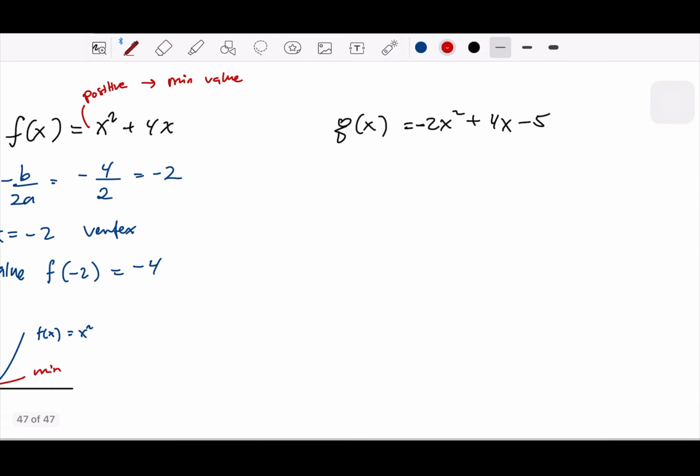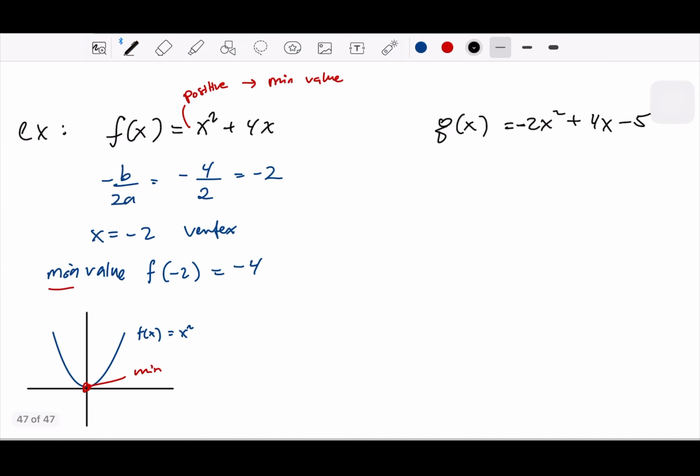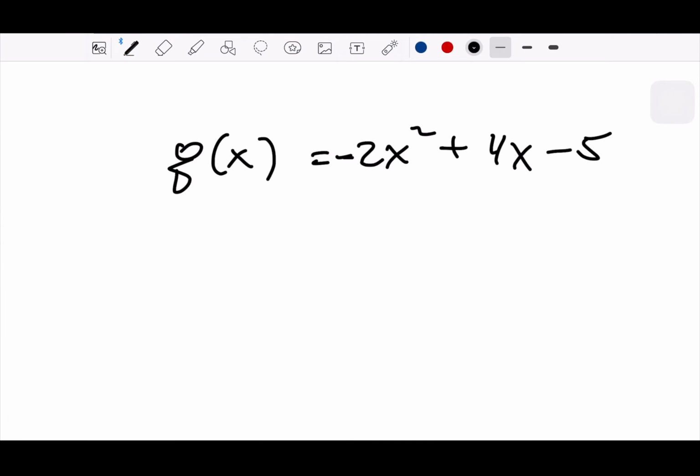Now next is the other function, function g. We also say that the vertex will be negative 4 over negative 2, which is 2, like that. Let me write here negative b over 2a.